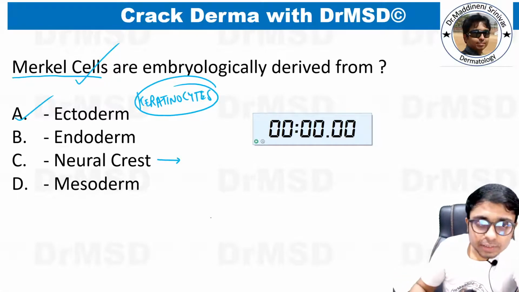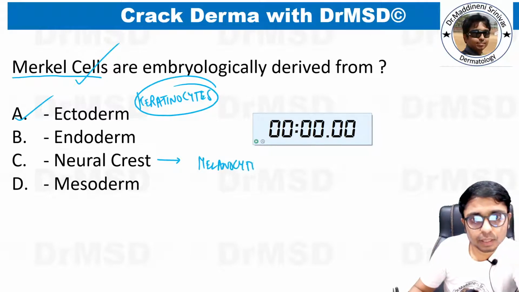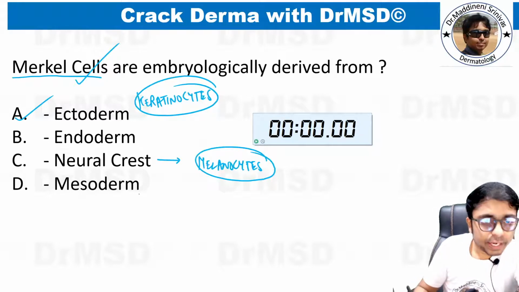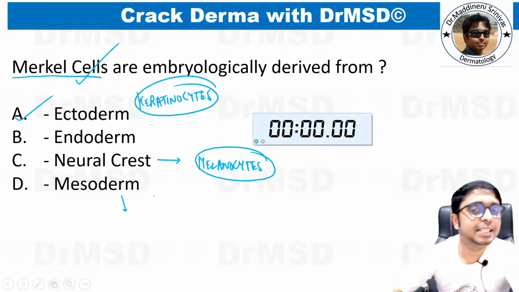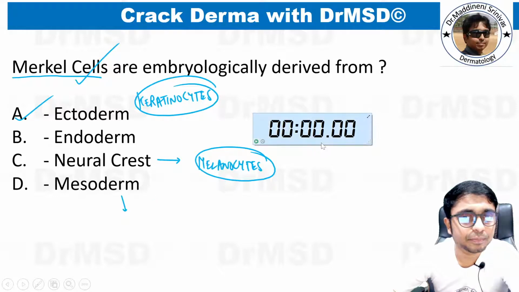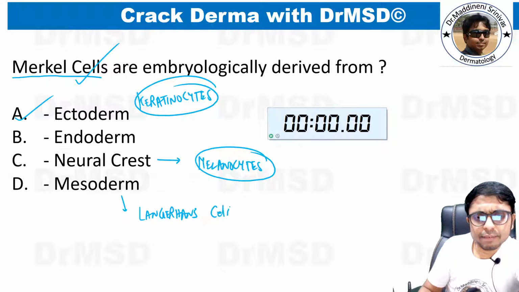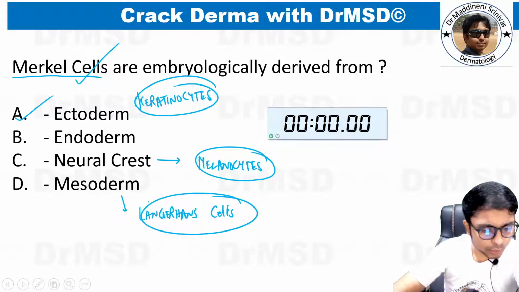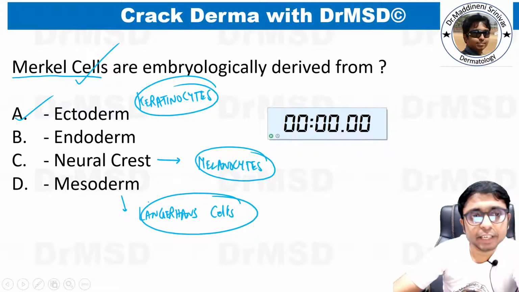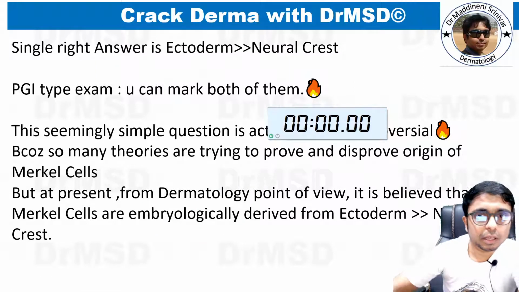So from neural crest, we are going to get melanocytes. And from mesoderm, what are we going to get? We have seen in the previous question itself. So from the mesoderm, that is from the bone marrow, we are going to get Langerhans cells. So very important. All these embryological derivations are to be remembered.